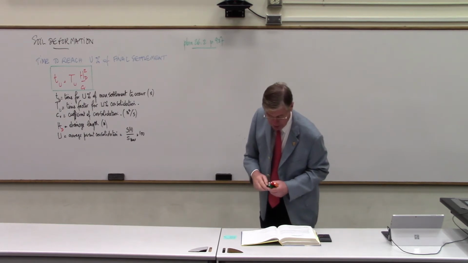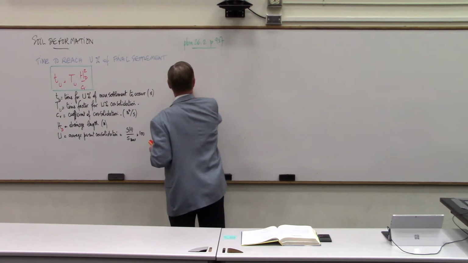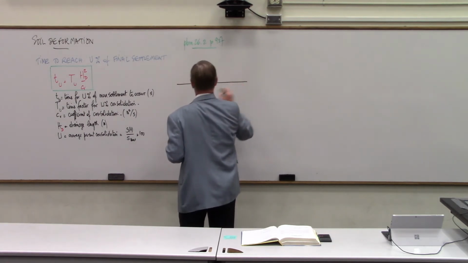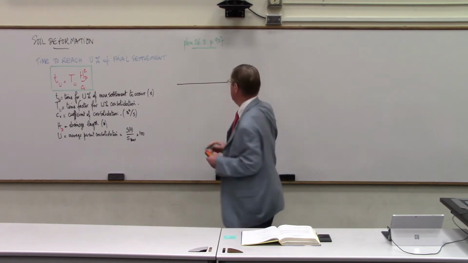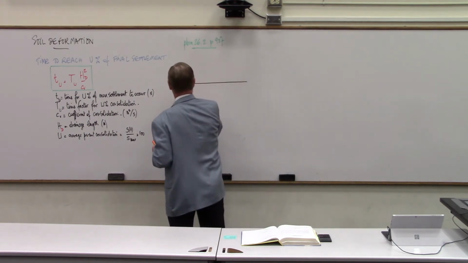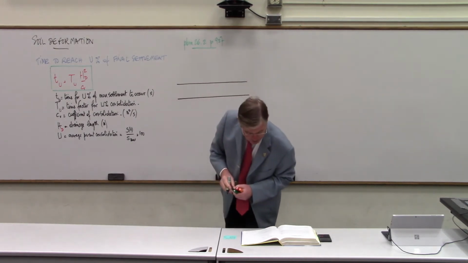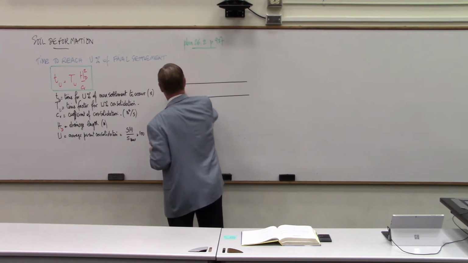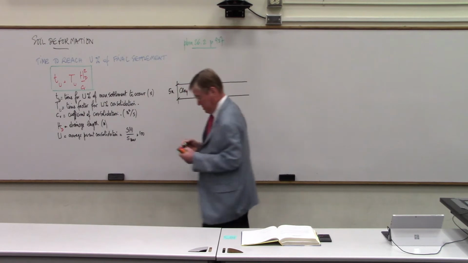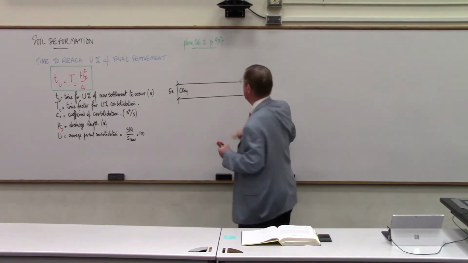So let's draw that embankment. We have a layer of clay, and the water table is at the surface. This layer of clay is 5 meters thick. And on top of that layer is an embankment made of fill.